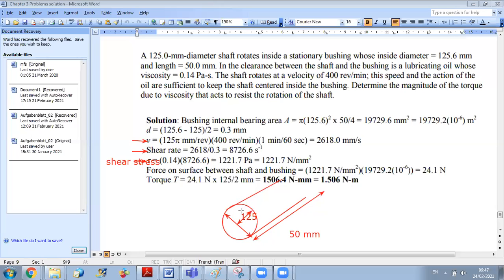Once I find the shear stress, I multiply by the peripheral area, and then to find the torque, I multiply the force by the radius, which is 125 over 2. Then I get the value of my torque, and if I kept the dimension in millimeter, I get the torque in Newton millimeter. Converting back to meter, I divide by 1000, and I get 1.506 Newton meter.